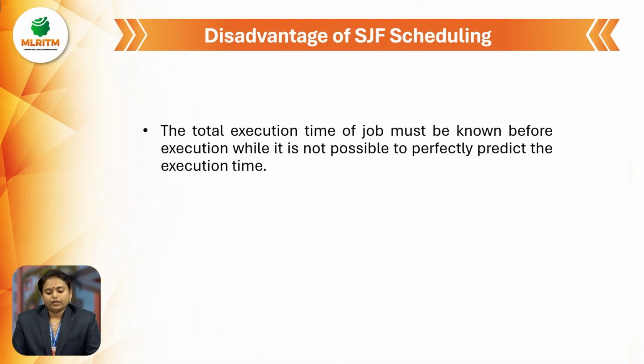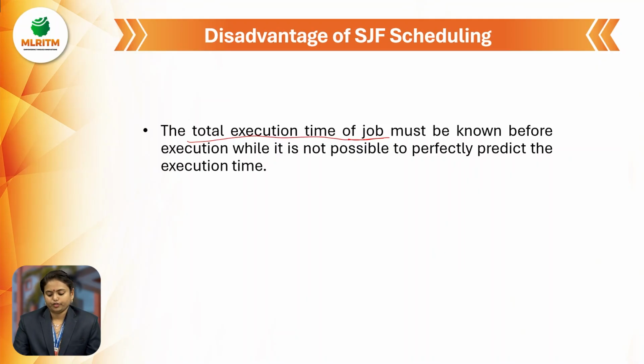What is the disadvantage of the shortest job first scheduling algorithm? If you execute the process in the CPU, the CPU must know the total execution time of the job. The total execution time of the job must be known before execution.